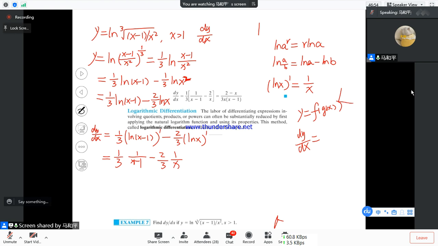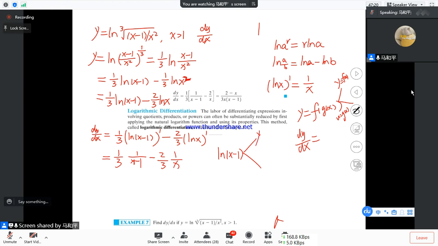First, we should decompose this function: y is f of u, and u is g of x. So dy over dx is the derivative of the outer function at the inner function, times the derivative of the inner function, g'(x). So we write ln(x minus 1) like y is ln u, and u is x minus 1.